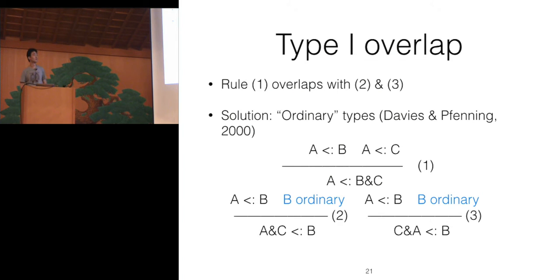For the rule 1 overlapping with 2 and 3, we require that some type in the induction rules to be ordinary. By ordinary, we mean that the type is just not an intersection at the syntax level, so that the first rule can always take precedence over 2 and 3. So there is no ambiguity.